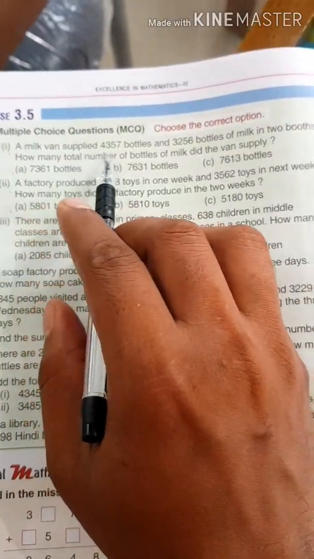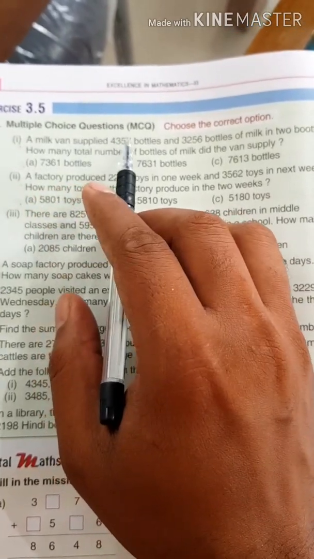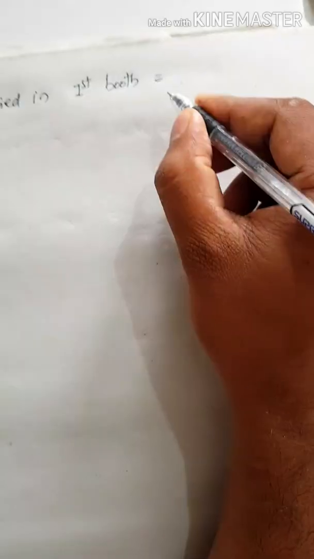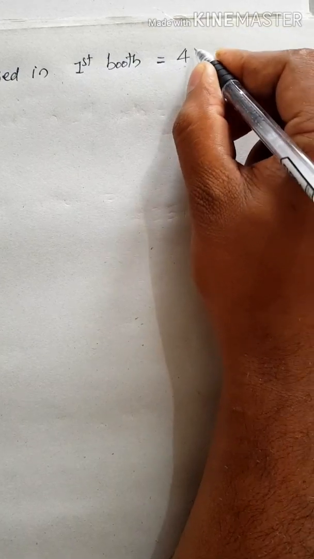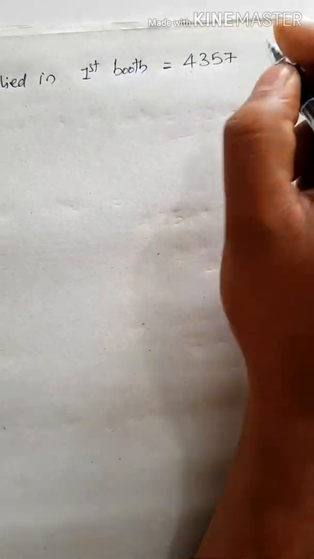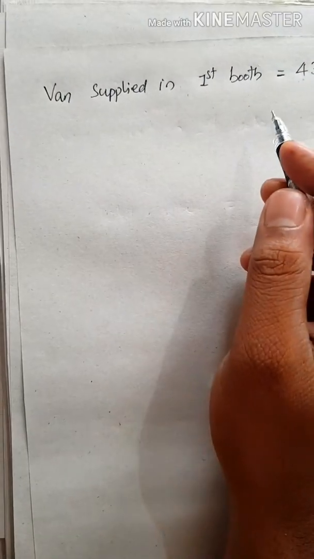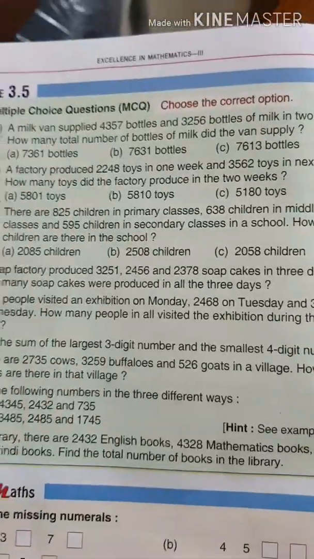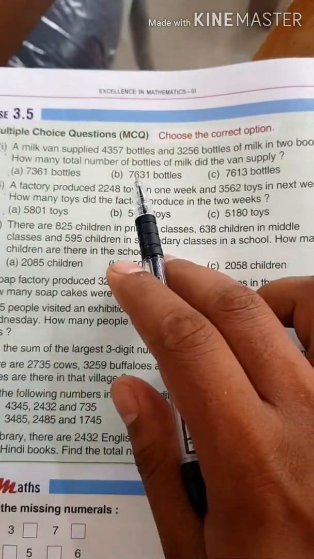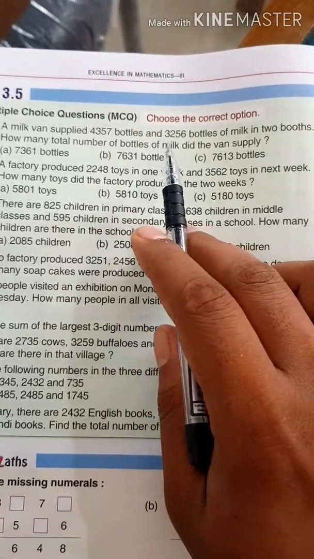To solve this question, let us read the first line again. A milk van supplied 4,357. So this one is van supplied in first booth. So this is the first statement. So let's see the next statement. What is the next statement?